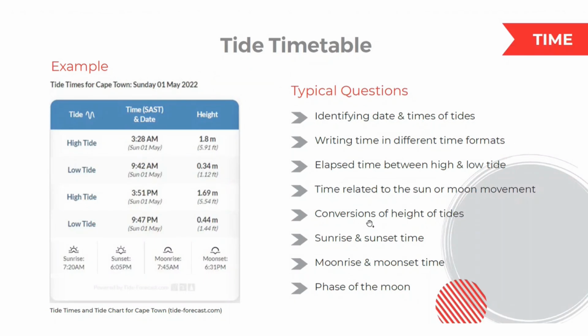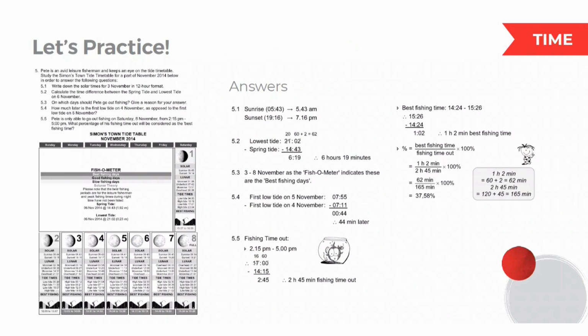Then conversion of the height, excuse me. So, had a tickle there. Our sunrise, our moonrise, and the phase of the moon. This is a practice question from our book, and it's a different tide timetable that can also be used.